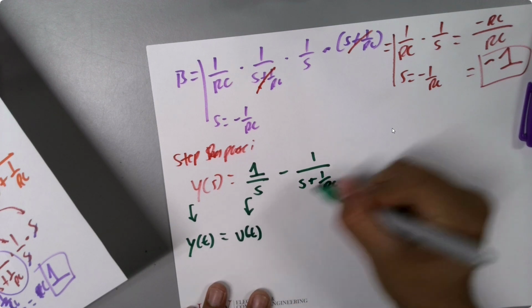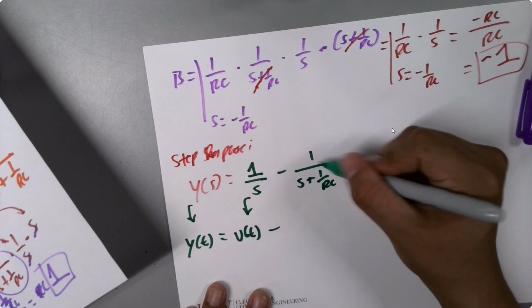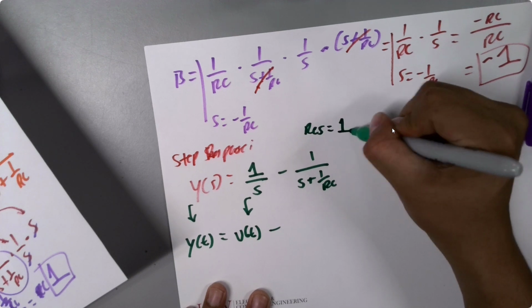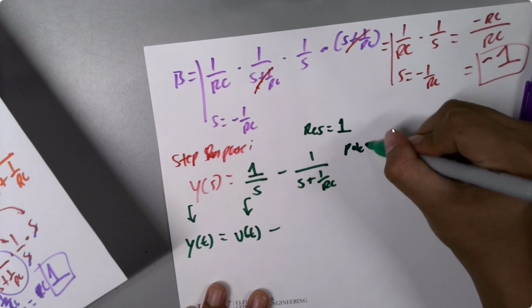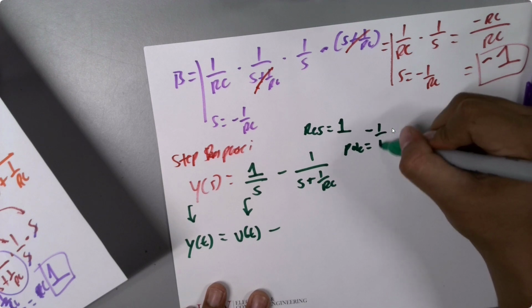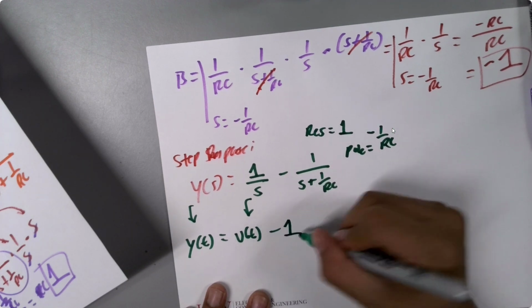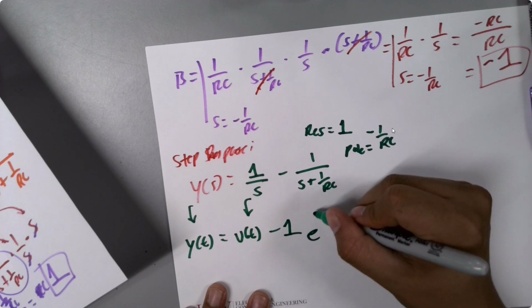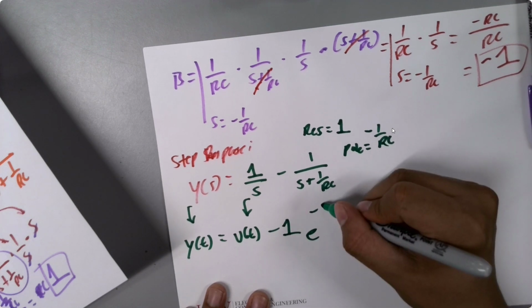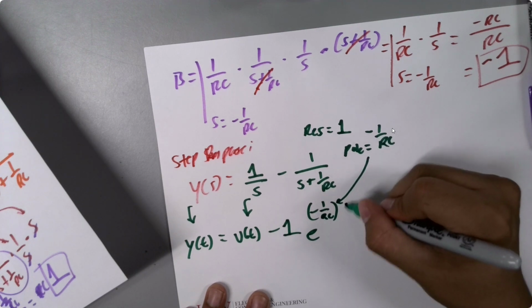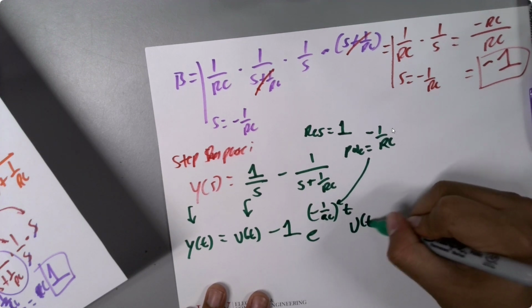U of t, right? And then what is this? That's a pole. What's the residue? Residue is equal to 1, right? Pole is equal to minus 1 over RC, right? So all you're going to do is just put the 1 right there. E to the minus, here's the pole, 1 over RC, that's your pole, t. Don't forget the U of t, okay?